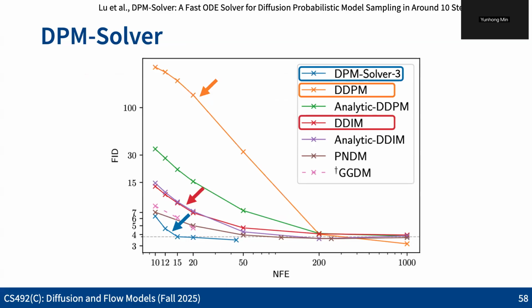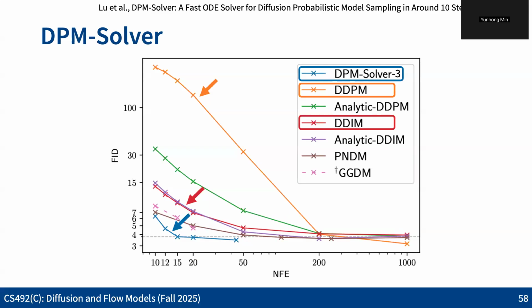This is the comparison. DDPM is here, and with a small number of steps the FID is very high, which is not very accurate. DDIM is the same as the DDIM solver one, and solver one means the first order approximation. So it goes down to here, and with fewer steps we now get quite accurate results.